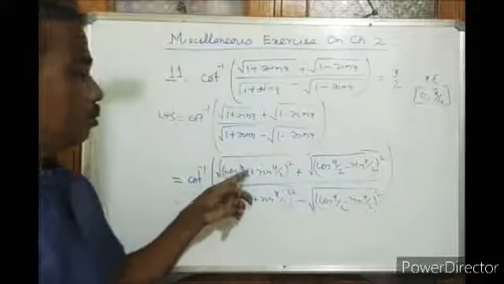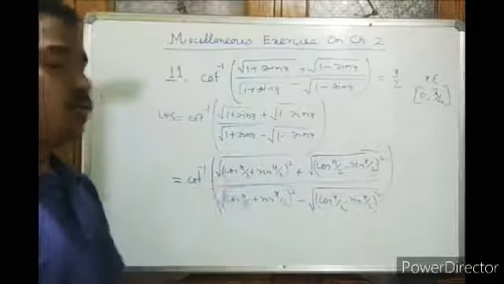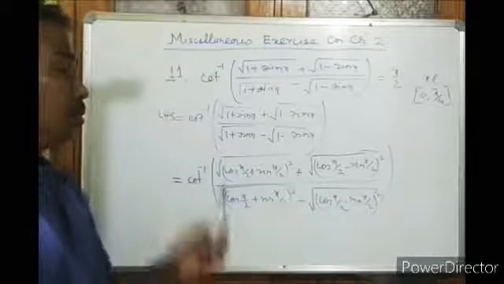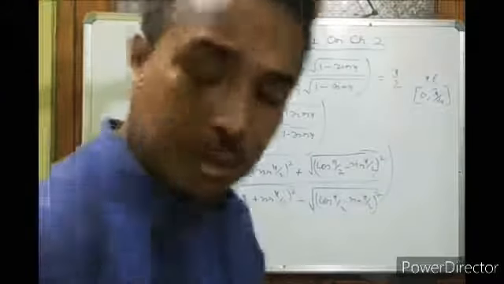Root over (cos x by 2 plus sin x by 2) whole square is equal to cos x by 2 plus sin x by 2.